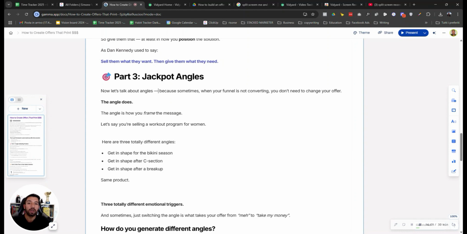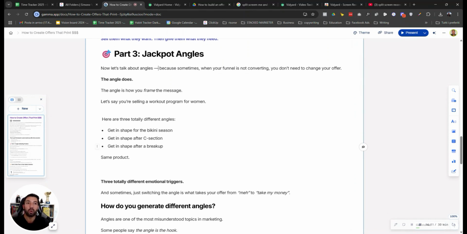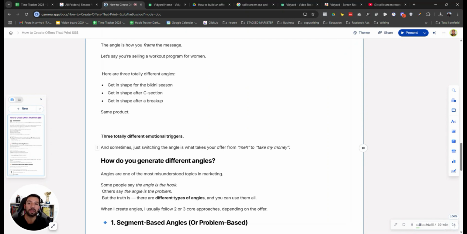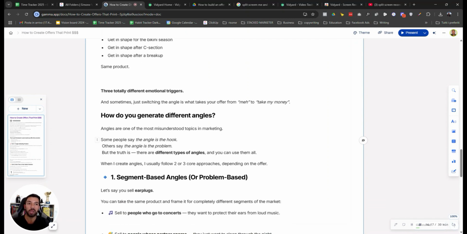When you find a new angle, you open up a new audience and you get again that beautiful ROAS that you were getting in the beginning, because now the algorithm is picking up a fresh pocket audience. They're ready to buy, they want your product, and you never talked to these people so far, because you never had this angle. And so angles is really what makes your offer last more in the longer run.